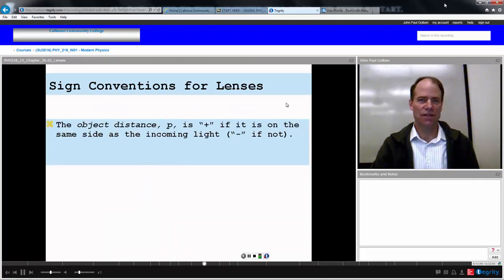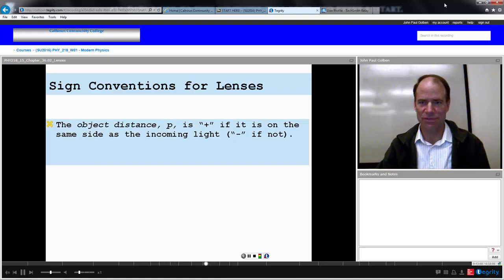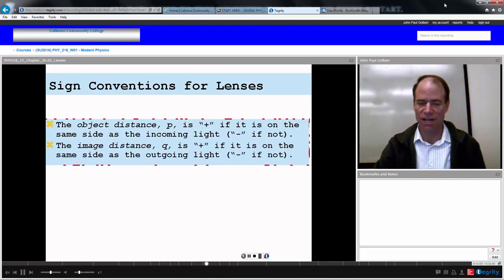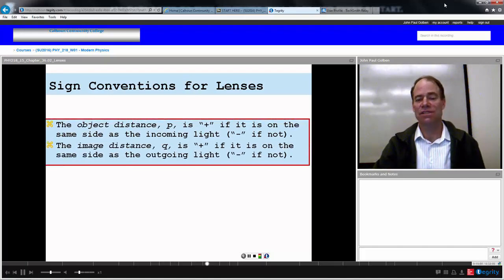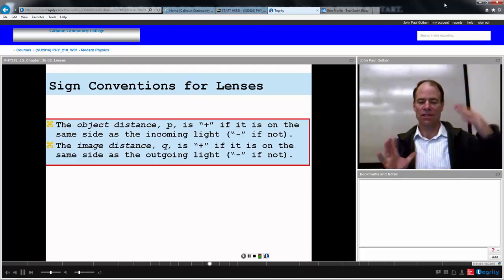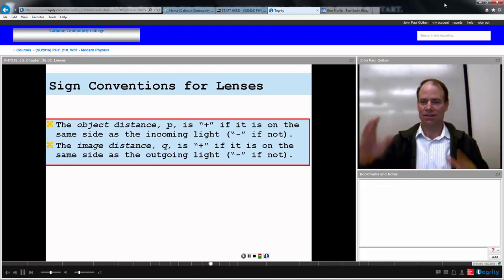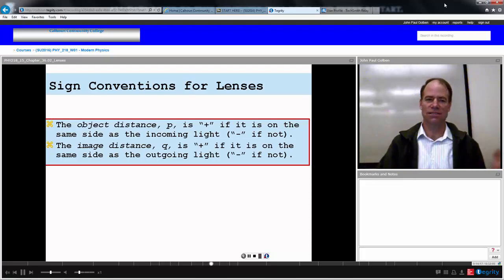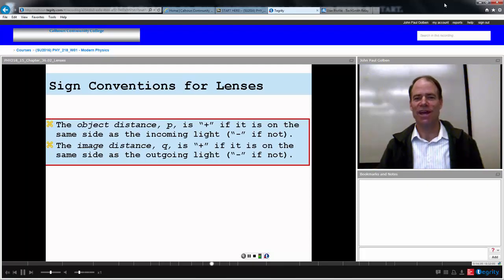Sign conventions for lenses. The object distance P is always positive if it is on the same side as the incoming light, negative if it's not. The image distance Q is always positive if it's on the same side as the outgoing light, negative if it's not. And I've seen these in many books, where they try to confuse us and give you big tables, one for lenses, one for mirrors, and if this is this and this is that. But if you keep this straight, it's very simple.